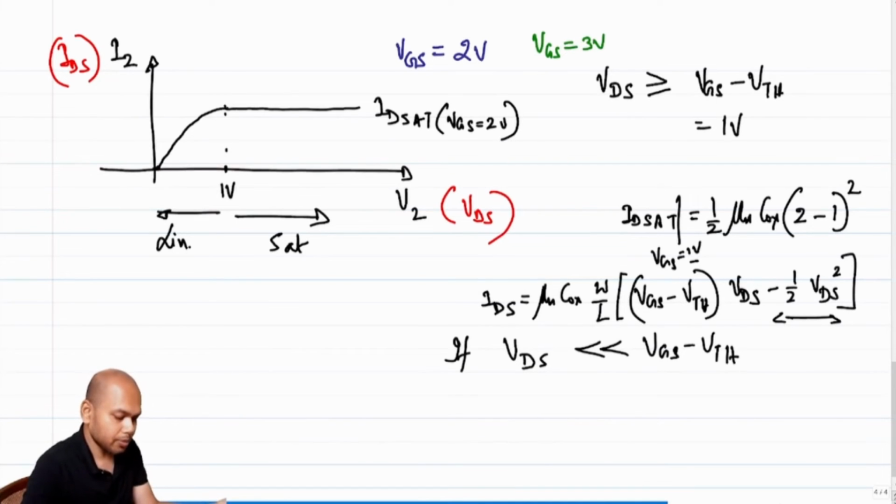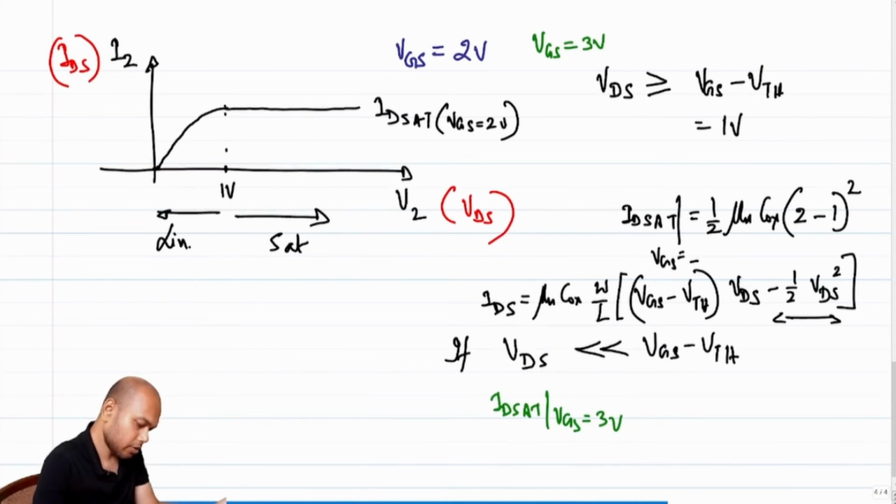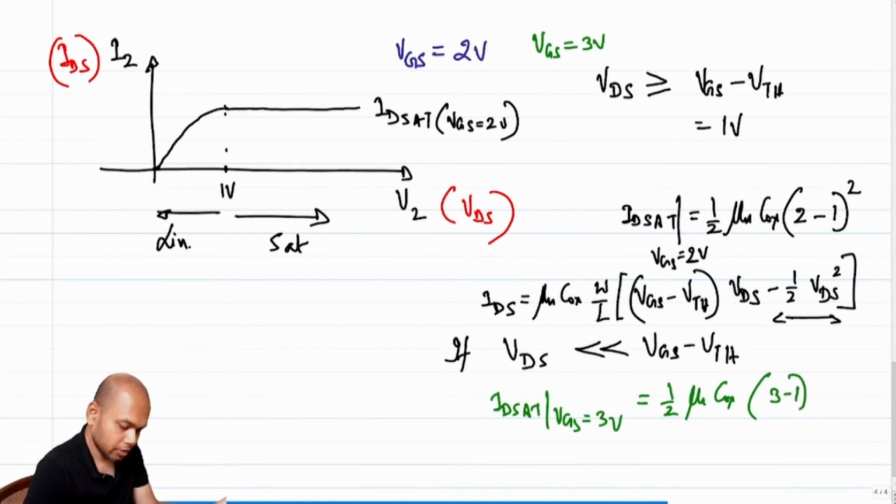The new ID sat for VGS equal to 3 volt will be half mu n Cox times 3 minus 1 whole square, that is 4 times whatever we had earlier. Here the VGS was equal to 2 volt, so I made a mistake earlier. Please pardon me.